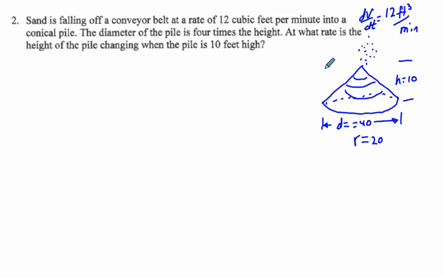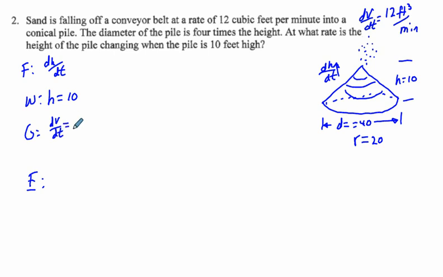So the height is going to be dh/dt. So I'm going to come over here to the left and put the letters you know well, F, W, G, E. Okay, we're trying to find dH/dt when height is equal to 10 feet, given, well, we know that we're given dV/dt is equal to 12, and then also R is equal to 20.